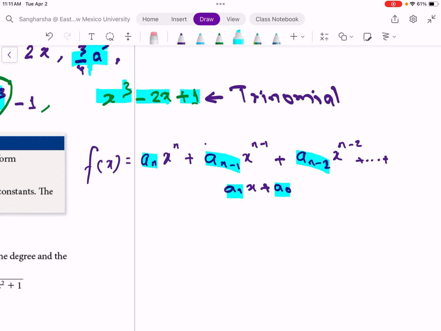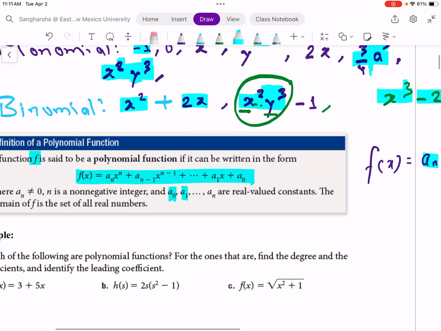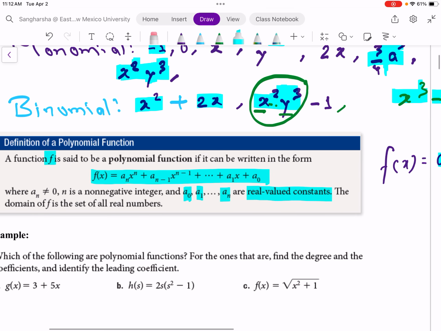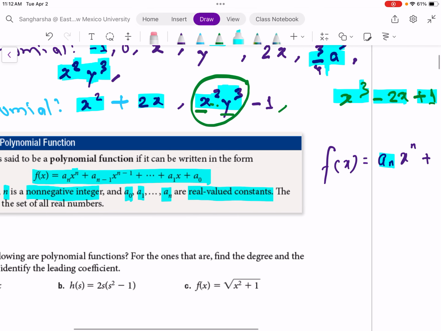So a_0, a_1, a_n are real-valued constants, and a_n, the coefficient of x to the power n, is not equal to 0, and n is a non-negative integer. Non-negative integer means what kind of number? It's a whole number, so it can be 0. So it's 0, 1, 2, 3, 4, 5.